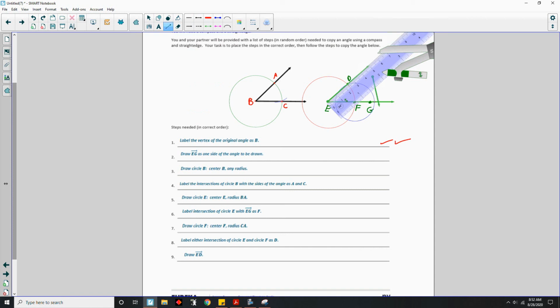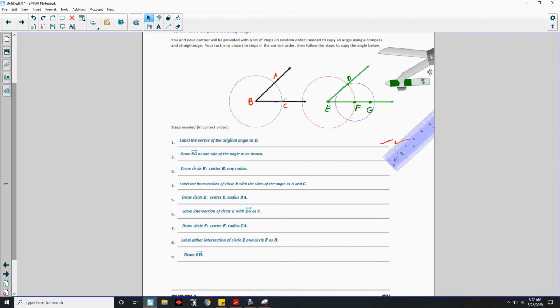Like so. Move my ruler out of the way. And this angle, DEF or DEG, whatever you want to call it, is now congruent to angle ABC. Okay? So that's how you copy an angle.